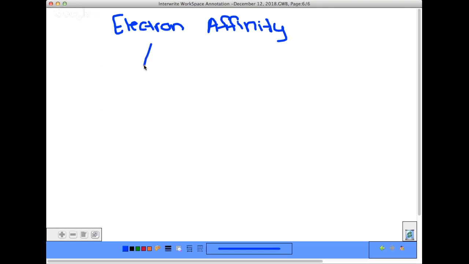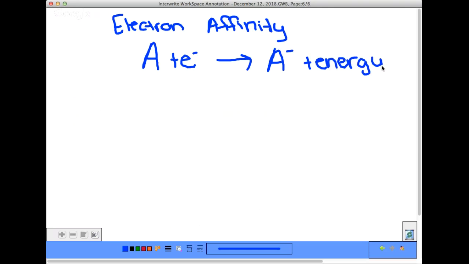That's a mouthful, right? So we have a neutral atom A, it gains an electron, becomes an anion, and releases energy. The more this atom attracts this electron, the more energy it will release.